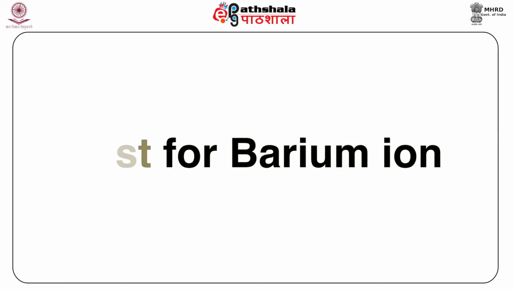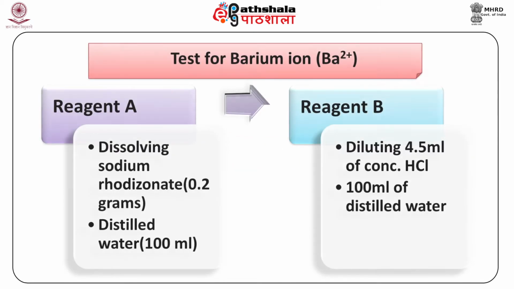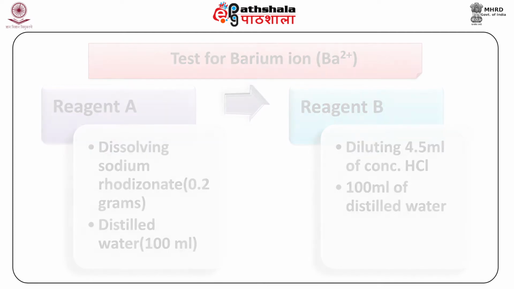Test for barium ion. Reagent A: it is prepared by dissolving sodium rhodizonate 0.2 grams in 100 ml of distilled water. Reagent B: it is prepared by diluting 4.5 ml of concentrated hydrochloric acid with 100 milliliters of distilled water.